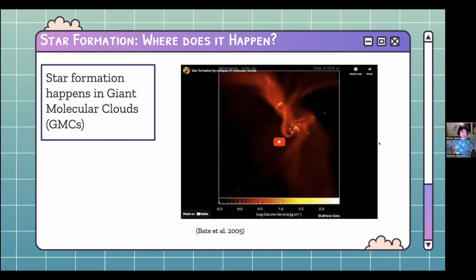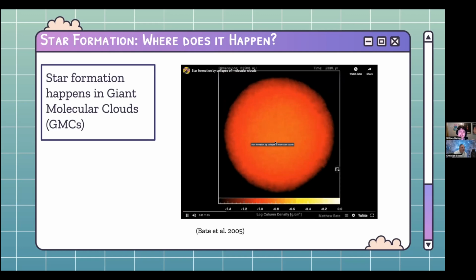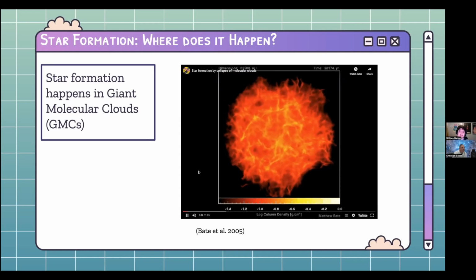So star formation happens in these giant molecular clouds. And when these clouds become so large that they can't support their own self-gravity with their gas pressure, they collapse inwards. So you can see simulations of this, where you just type up some physics, simulate a big ball of diffuse gas, and then just let it go throughout time, like we see here.